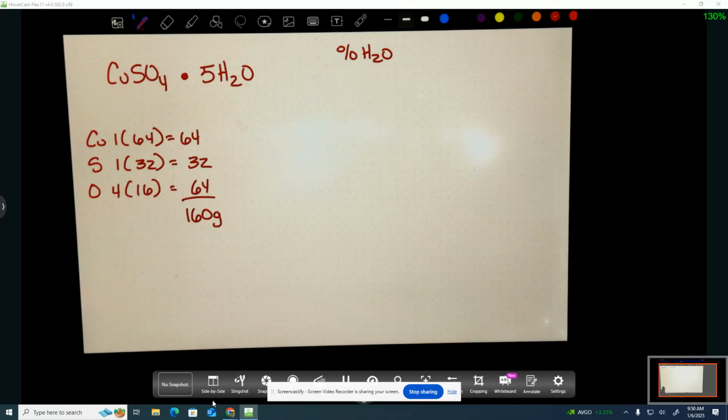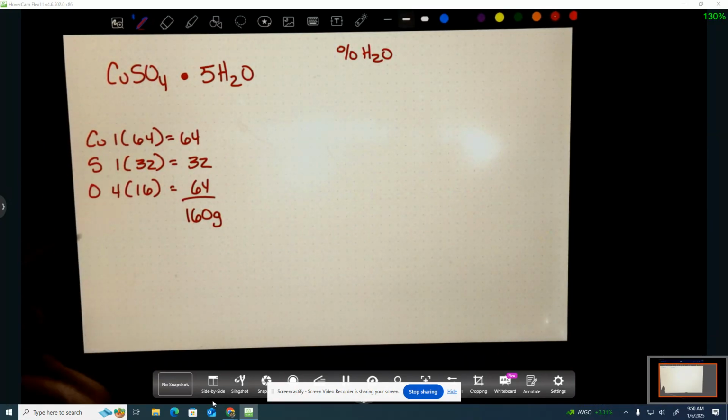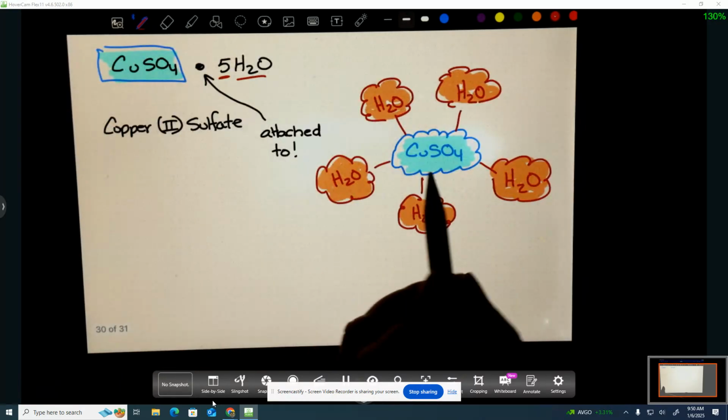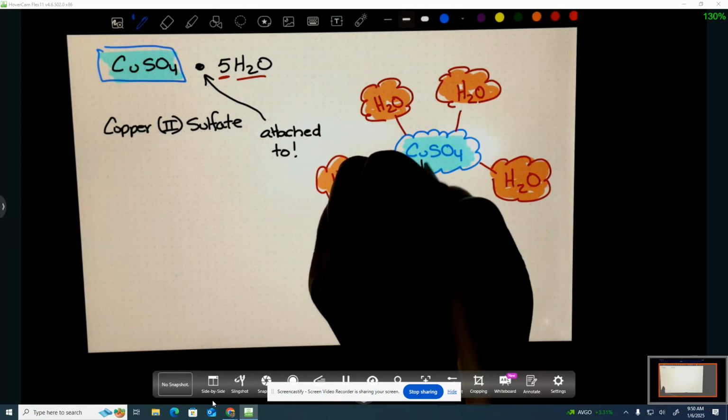We're just finding gram formula mass. We're just looking how many coppers, how many sulfurs, how many oxygens. We're adding all those together, and we're getting 160. And these numbers are coming from the mass on the periodic table. So what that means is this blue spot right here weighs 160 grams.